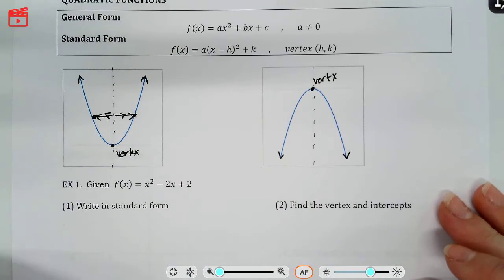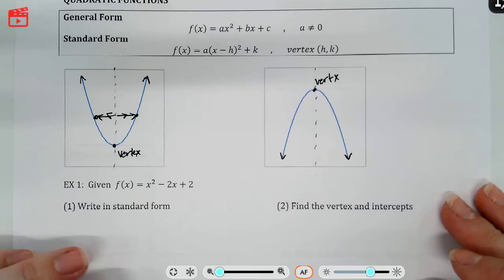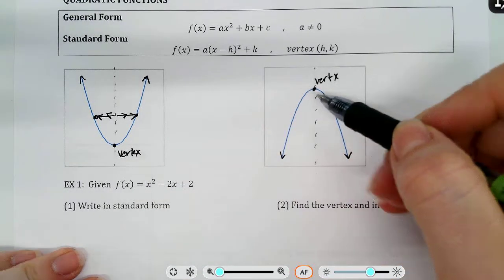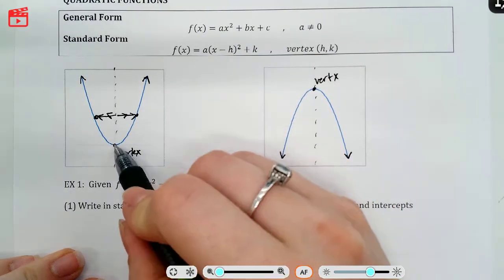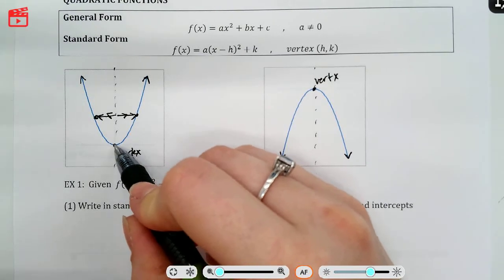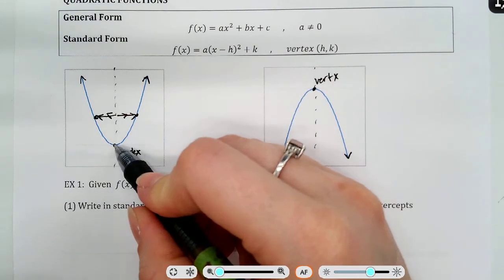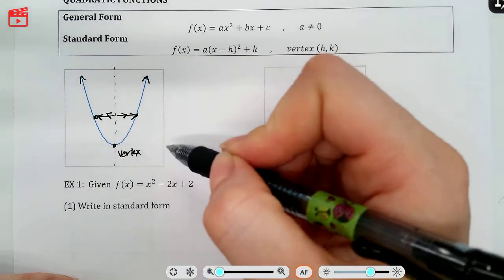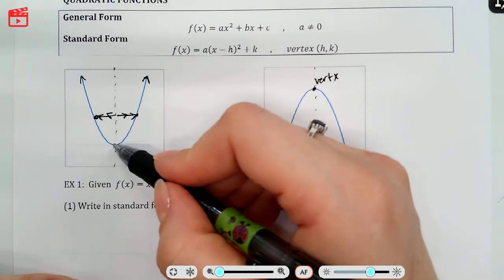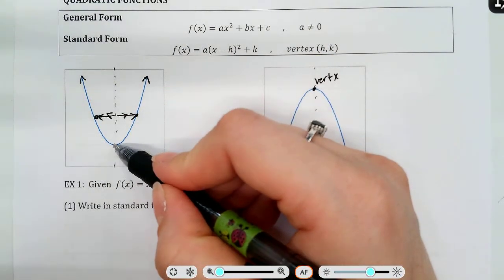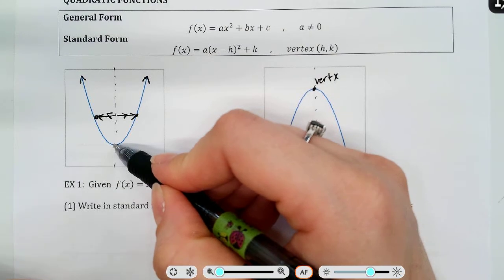Another important thing for parabolas has to do with the vertex. Is there a point that has a smaller y value than this one? No, that is the smallest y value possible. Can I find the biggest y value possible?